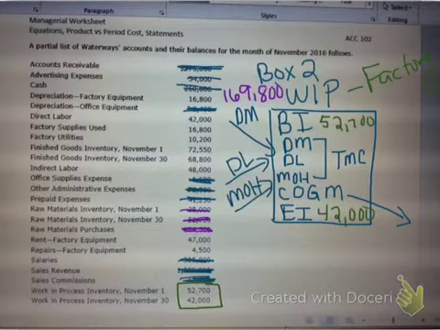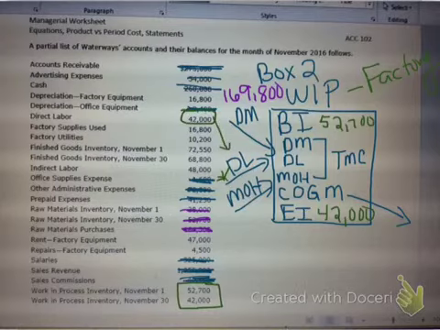And of course we know that we have the 169,800 coming in. Some of the other things that we see here, you'll see this direct labor, and that direct labor does have a number that we can use, and that is 42,000. That is what we're going to be looking at there.